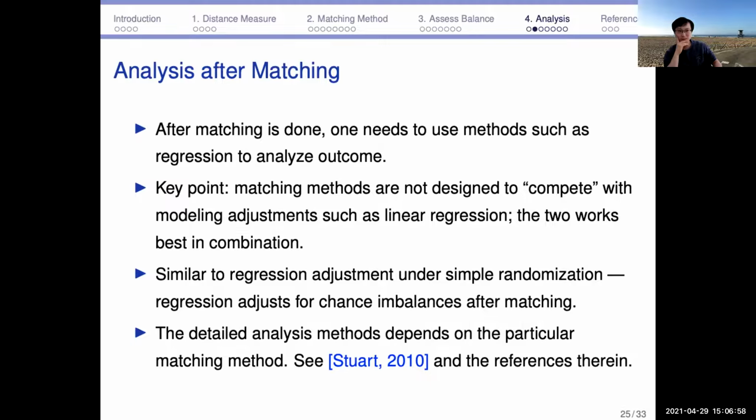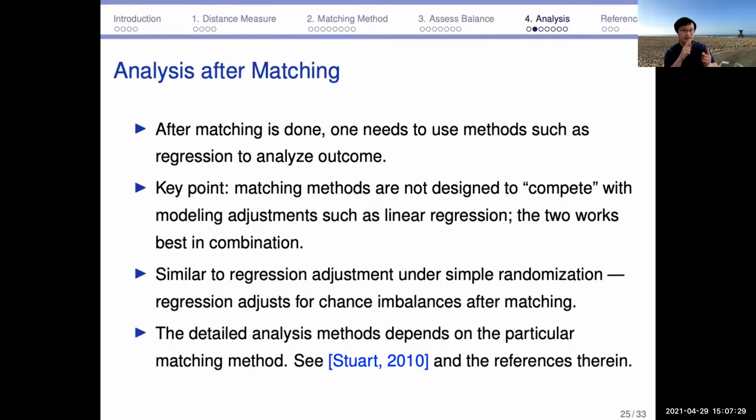Remember when we were talking about simply randomized experiments, we can use different ways to analyze the data. We can do the unadjusted estimator, right? Calculate the group mean difference. Or we can do regression adjustment. And we have seen that doing regression adjustment can improve efficiency and it's robust against misspecified regression models.